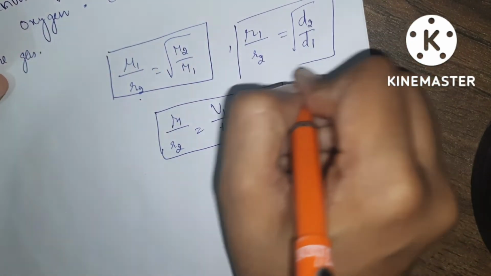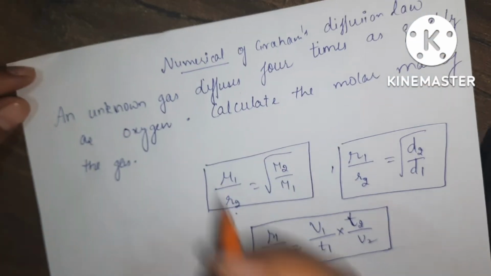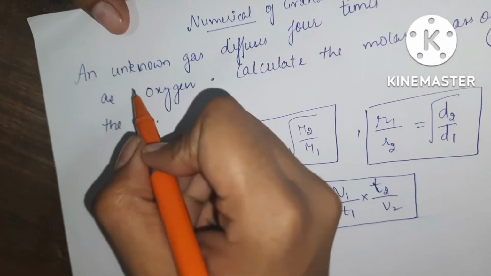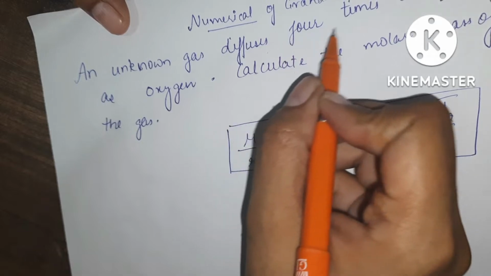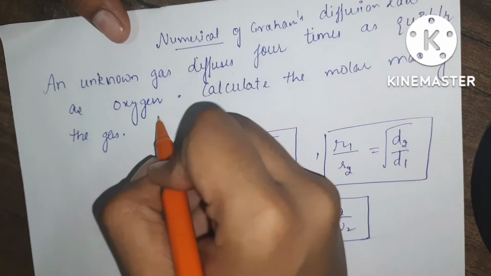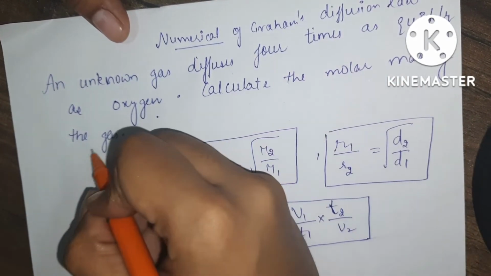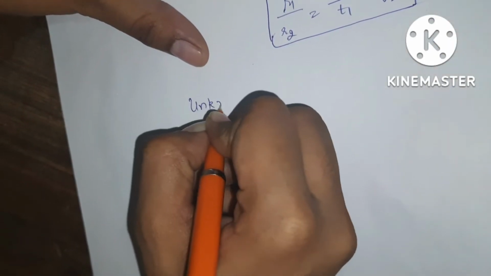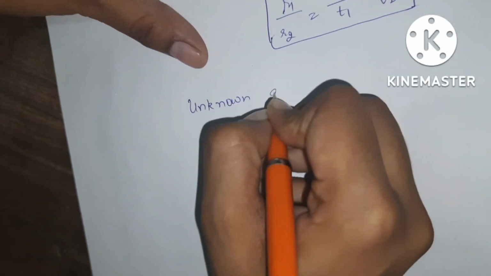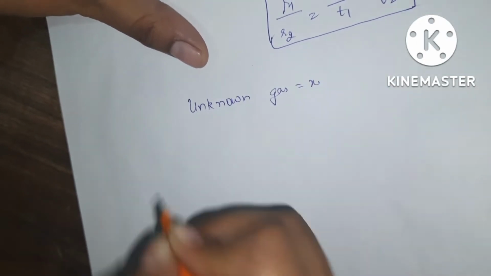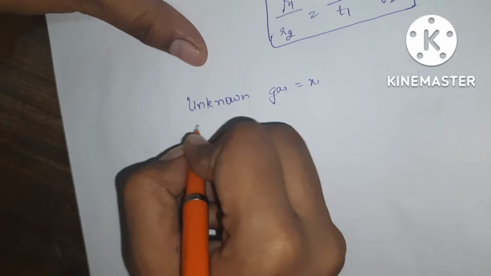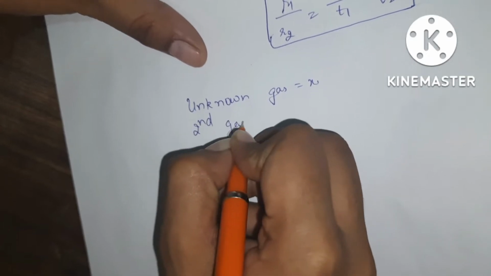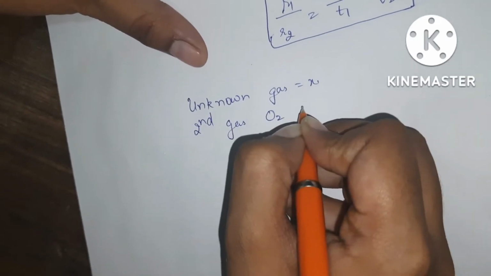Now what our question is asking: an unknown gas diffuses 4 times as quickly as oxygen. Calculate the molar mass of the gas. So I'll take the unknown gas as X, and the second gas is oxygen, O2.